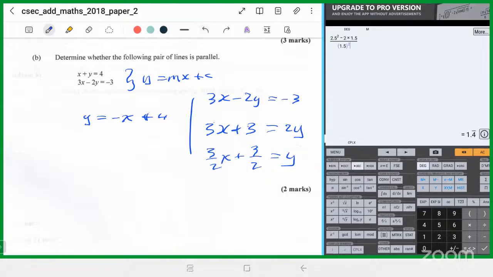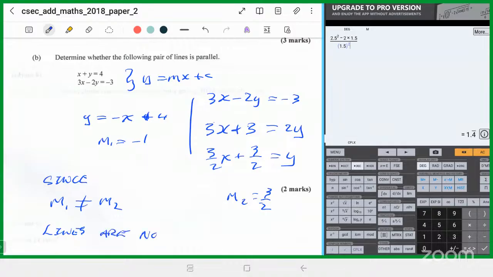So for this one, the gradient of line 1 is equal to -1, the coefficient of x. And the gradient of line 2 over here is 3/2. So we can say since m1 is not equal to m2, the lines are not parallel.